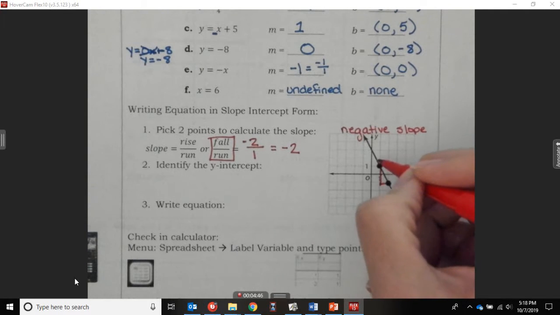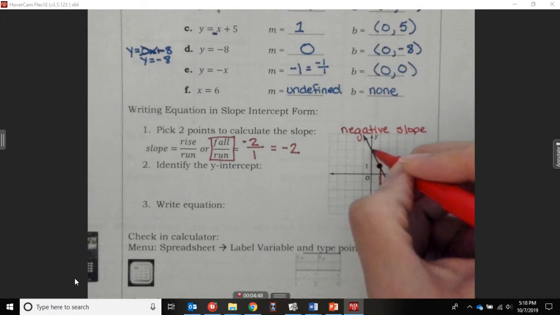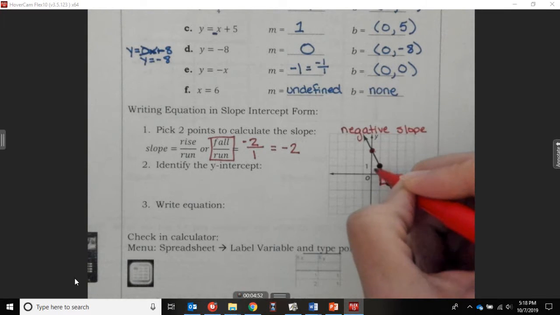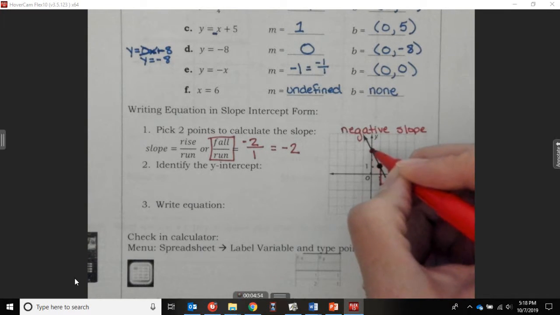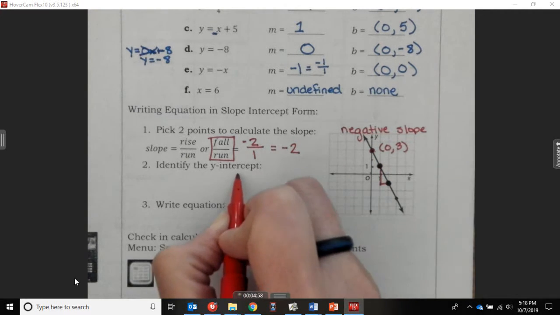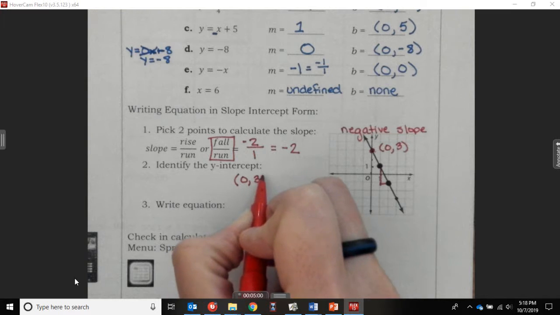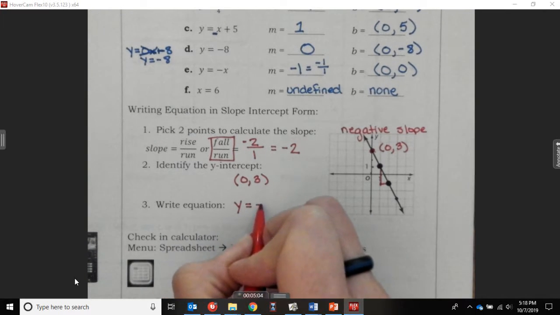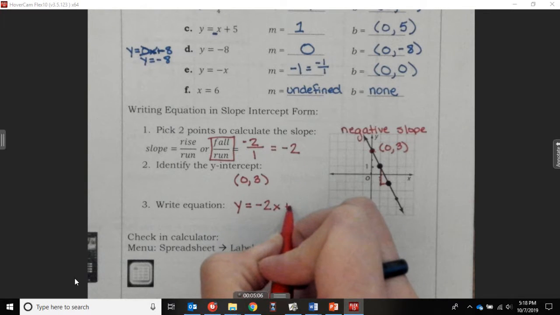Then we're going to find the y-intercept, which is where it crosses the y-axis. That's that point there. If I count it, it's 1, 2, 3. So this is (0, 3). Then I'm going to write my equation: y = -2x + 3.